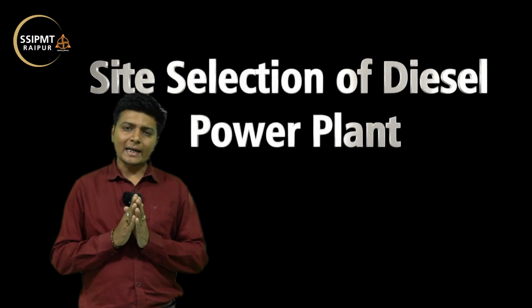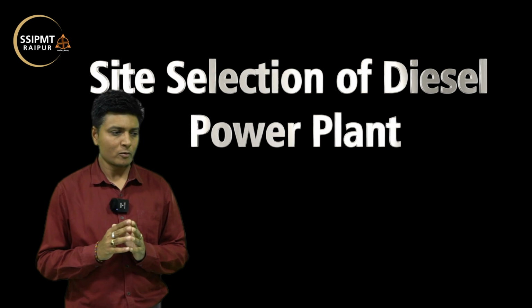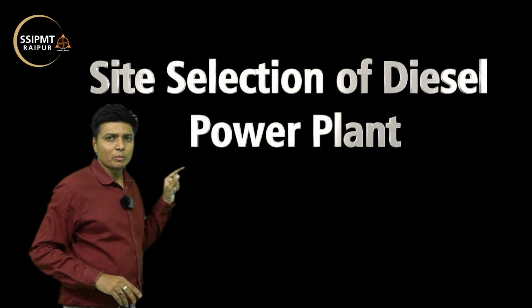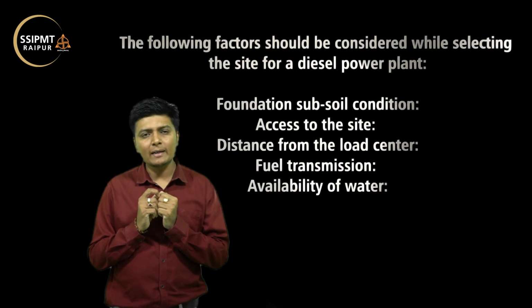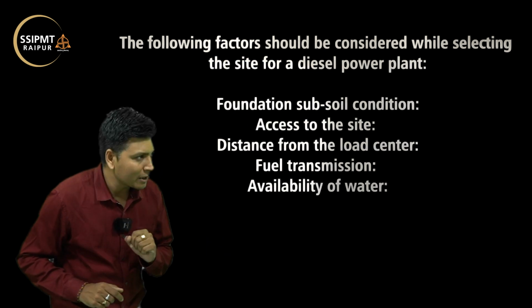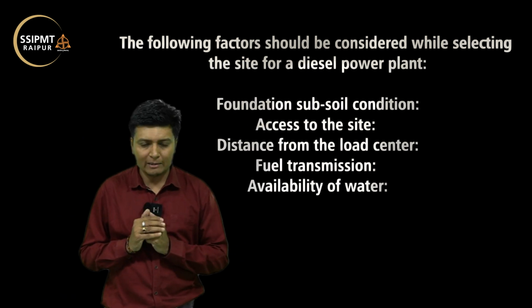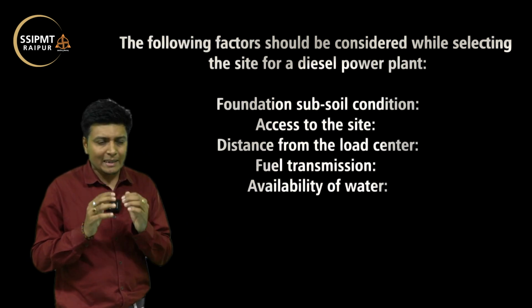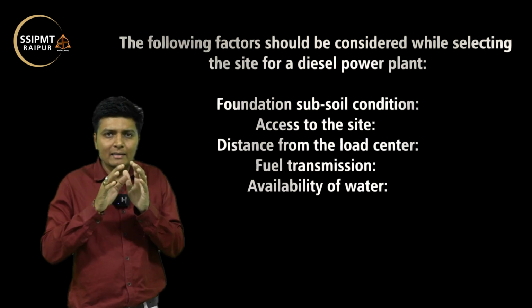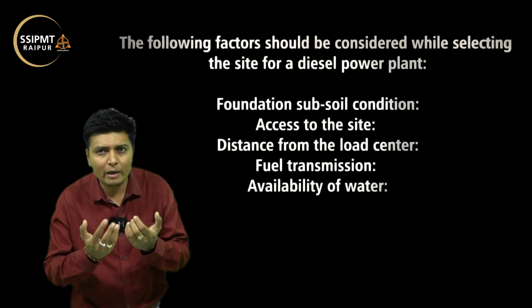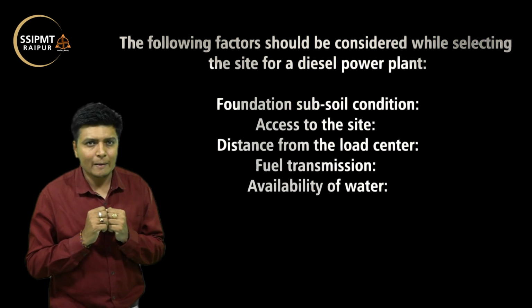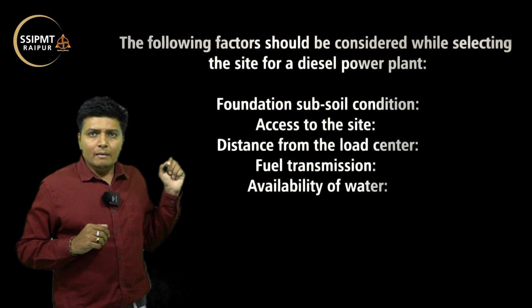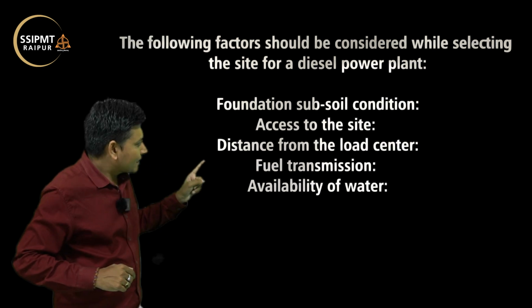Dear students, our next topic is site selection of a diesel power plant. The following factors should be considered while selecting the site for a diesel power plant. First one is the foundation subsoil condition. The condition of the subsoil should be such that a foundation at a reasonable depth is capable of providing support to the engine. The second important factor is access to the site.